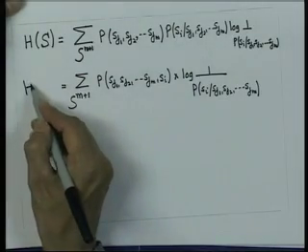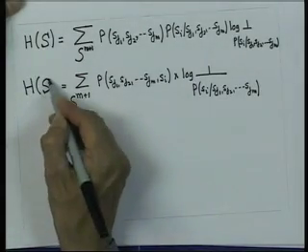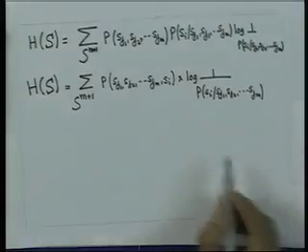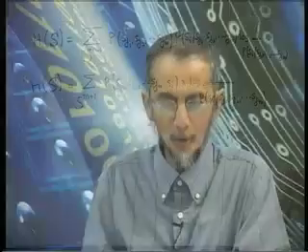So, this is the final expression which we get for the calculation of the entropy of an mth order Markov source.